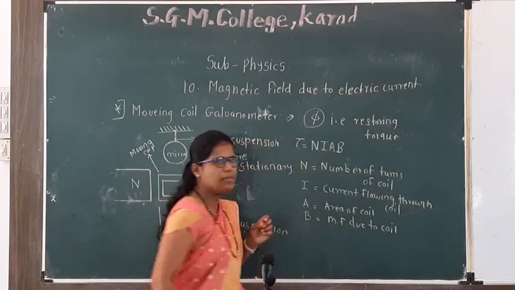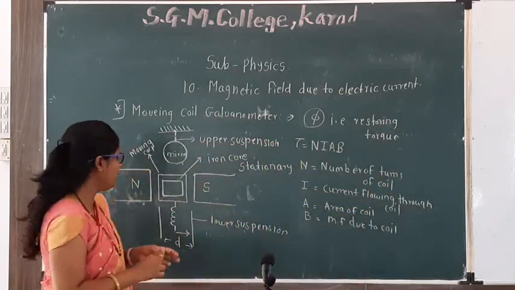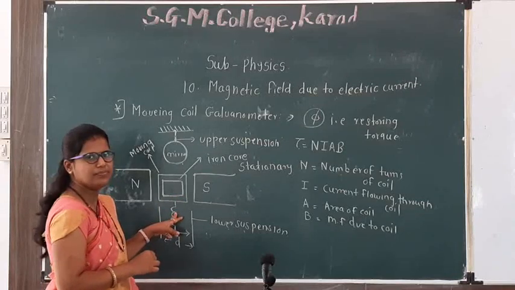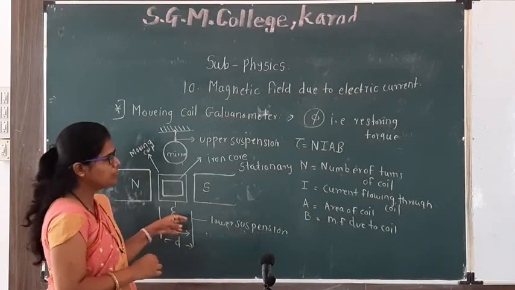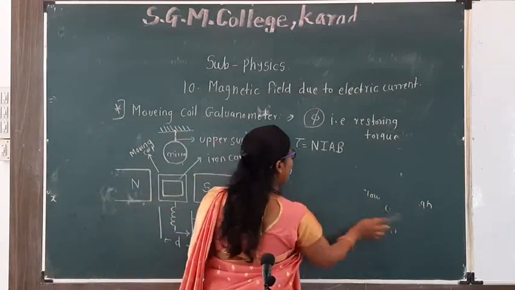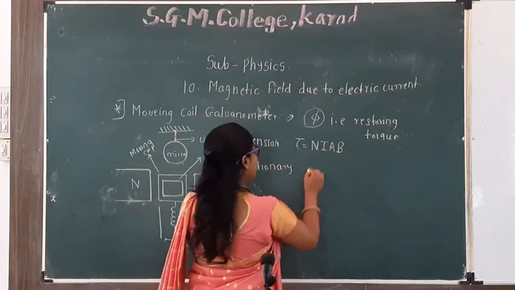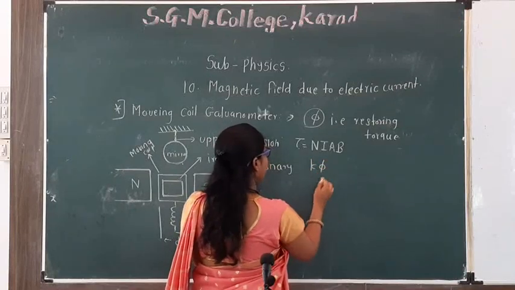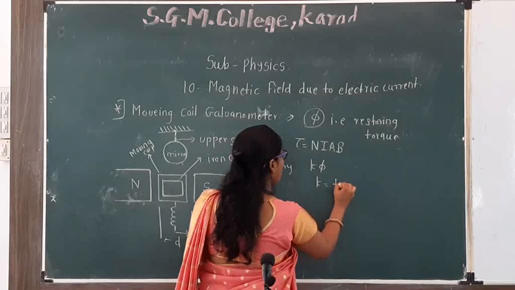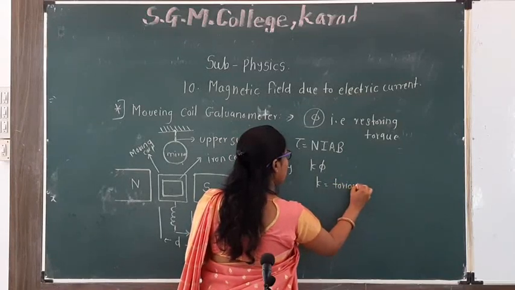Now the larger the deflection in the coil, the larger the restoring torque produced by the spring. This equation is K phi, where phi is the deflection and K is the torsional constant.